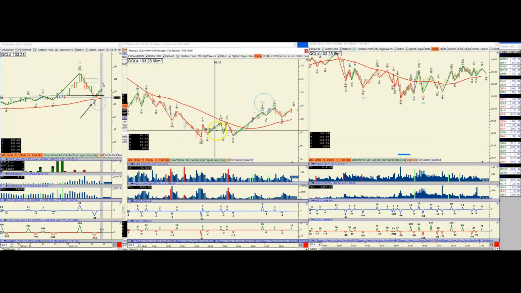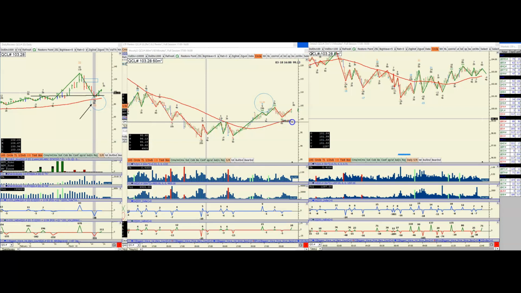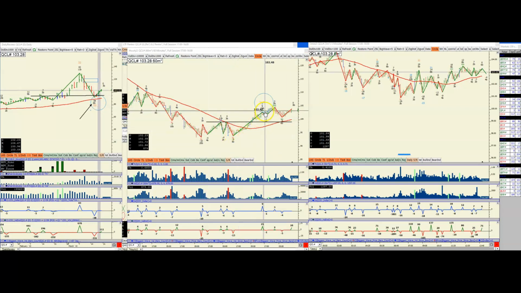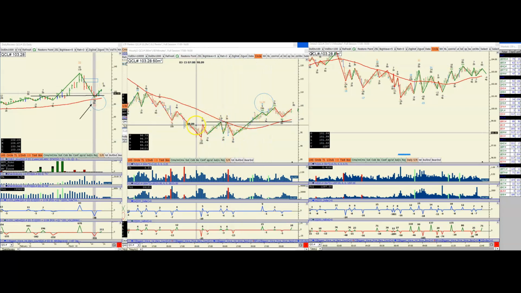All right? So right here's it. You took out this, it did that demand. This is demand, by the way. So this demand, taking out 1, 2, 3 prior up waves.